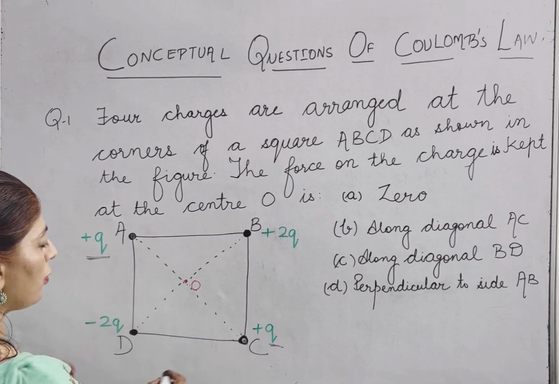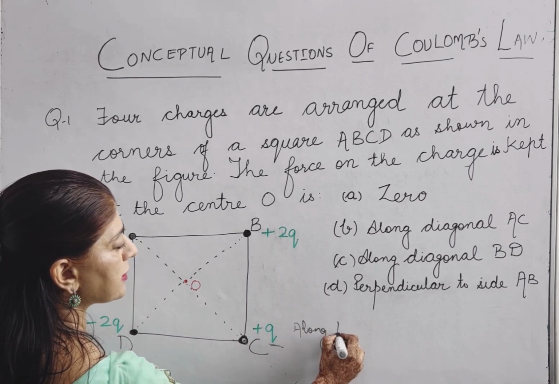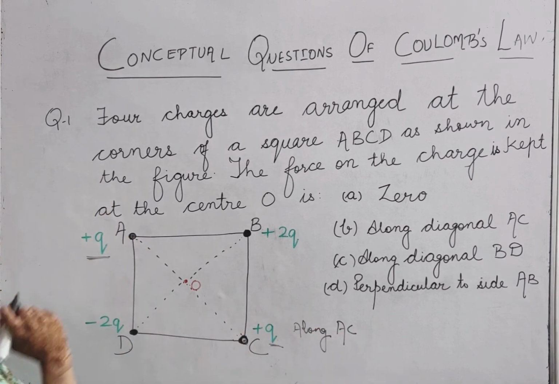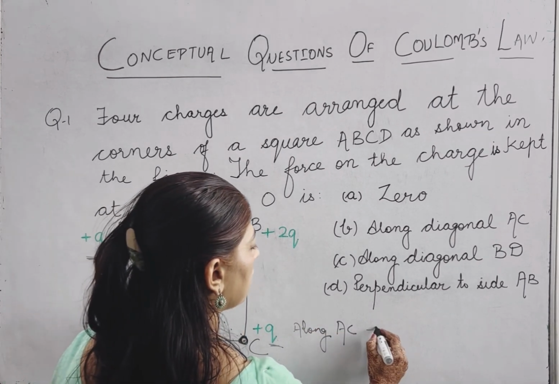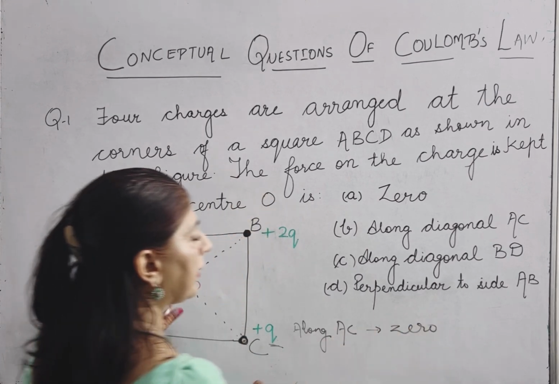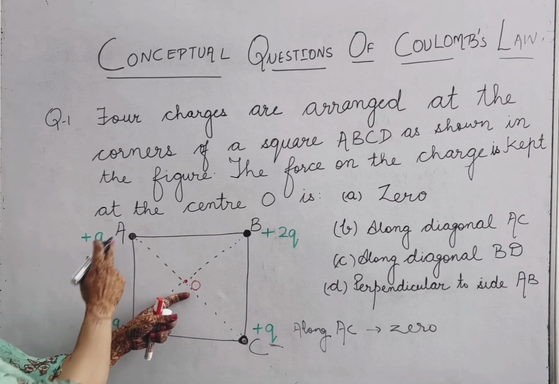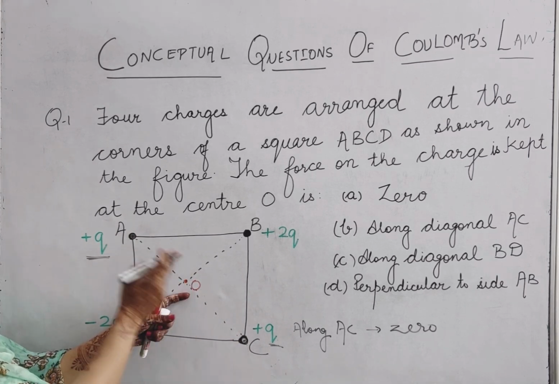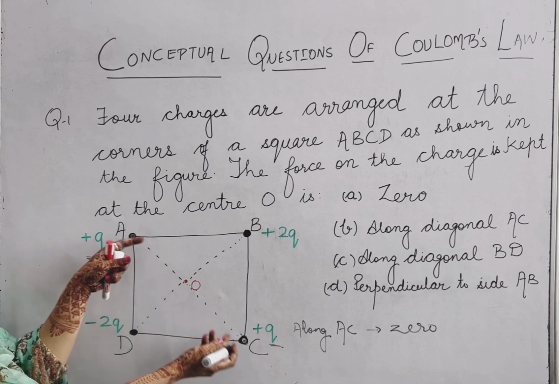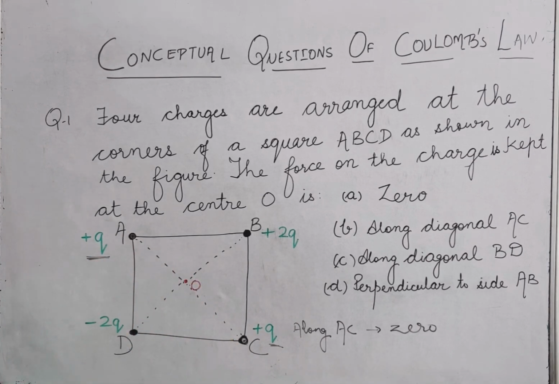So, along AC, the net force will be 0. Again, I am repeating why at point O the force is 0 because of A and C. Because at A and C the charges are equal in magnitude and the forces are opposite in direction, and at point O they are having the null effect.